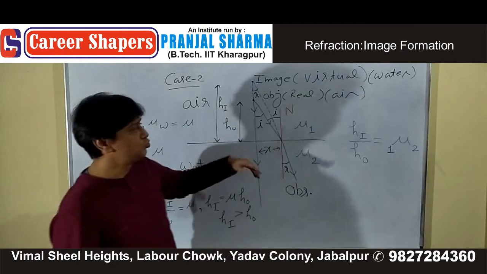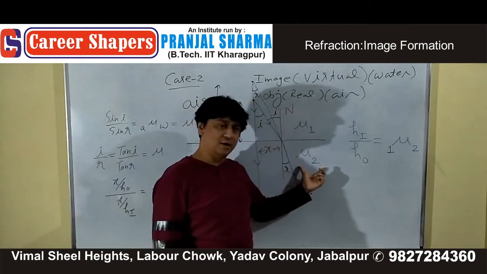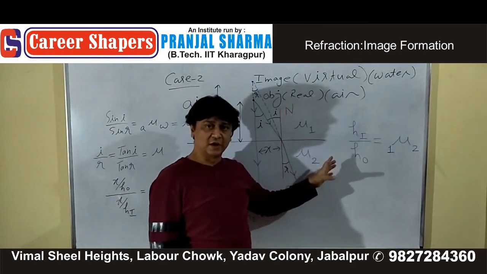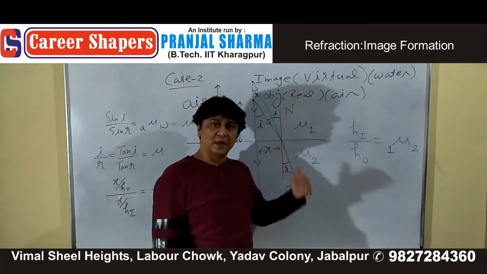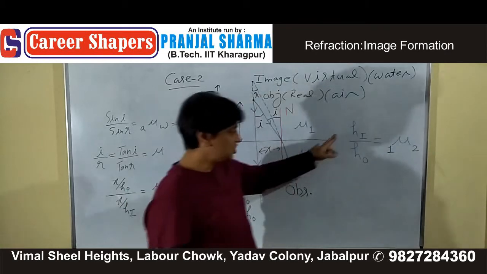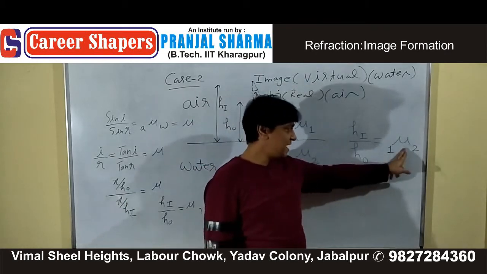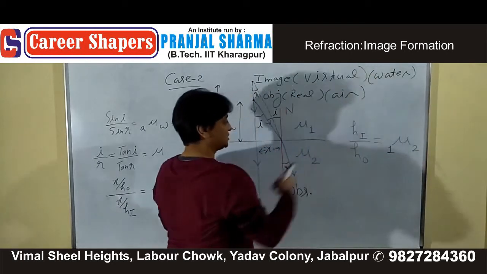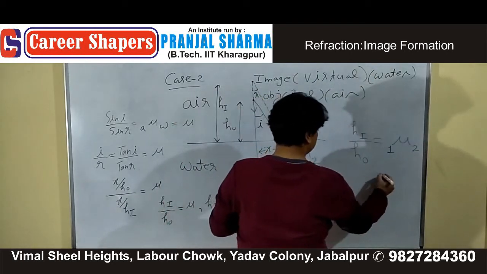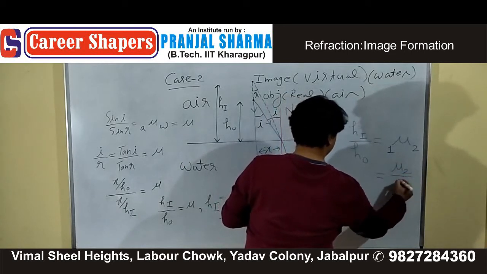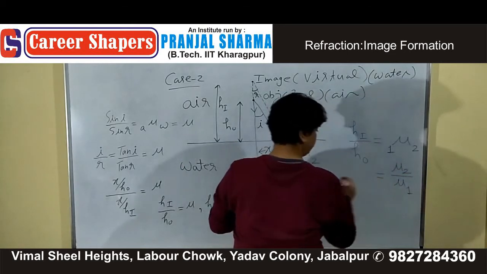They are just two media, medium 1 and medium 2. That's all. Which one is denser, which one is rarer, you don't have to worry about it. That thing will be taken care of by Snell's law. Hi upon Ho is the refractive index of 2 with respect to 1. And you know this is refractive index of 2 divided by refractive index of 1.